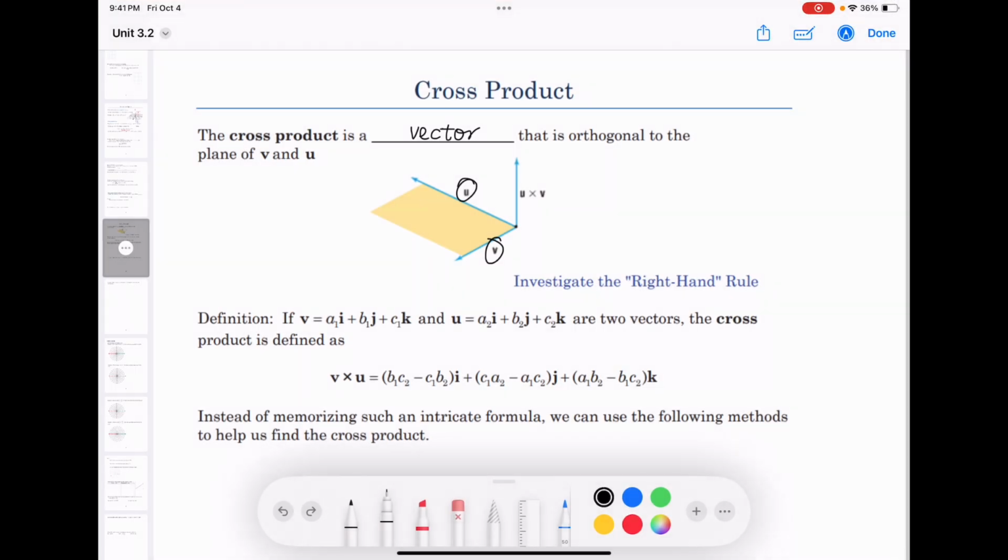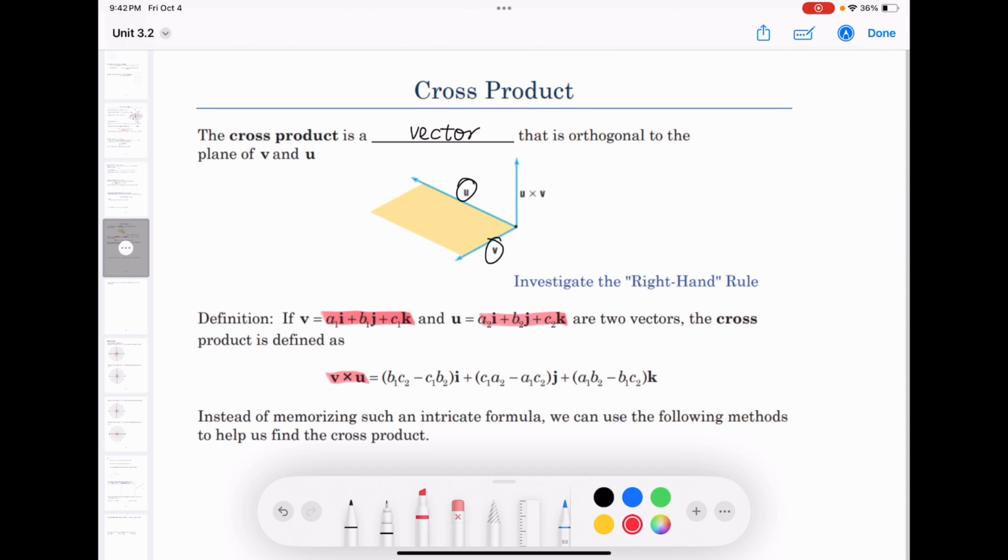let's come back to the lecture notes. So the definition: if I have two vectors, the vector V and the vector U, the cross product V cross U has a formula. But I'm not going to ask you to memorize this formula.